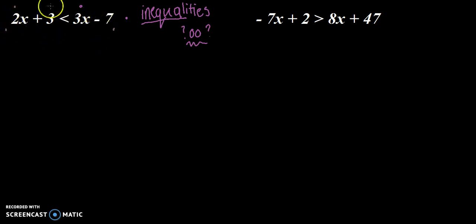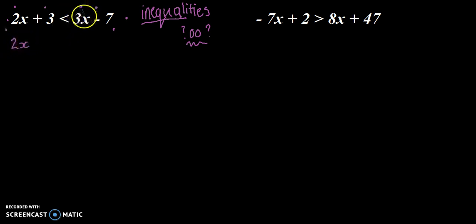So we're going to start with this first one that I've now drawn polka dots all around. Who knows why? And it says 2x plus 3 is less than 3x minus 7. Okay, so we want to solve for x, and I'm going to start by rearranging it a little. Remember, we do it exactly the same as if we were doing it as an equation.